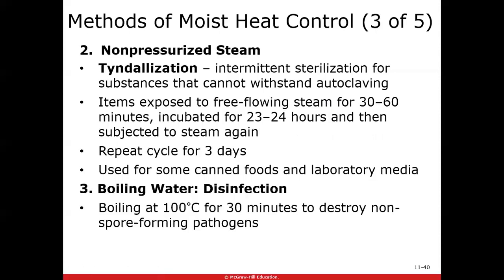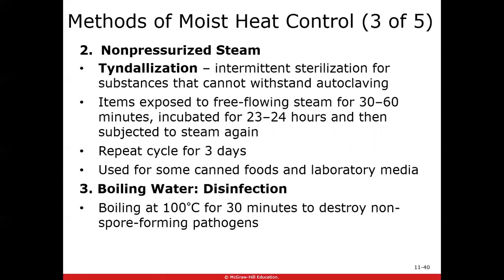After about a day, we steam it again, so we kill the vegetative cells. We keep doing that for 3 days. The spores that start to grow, we kill.